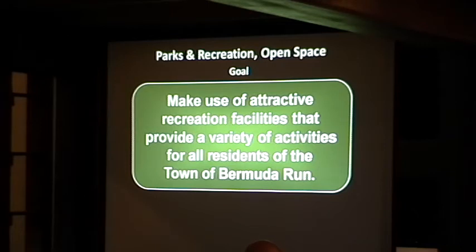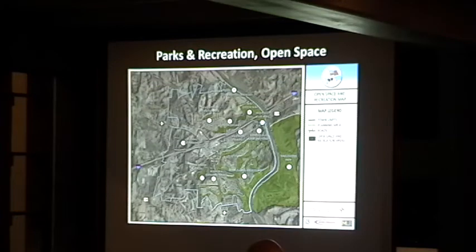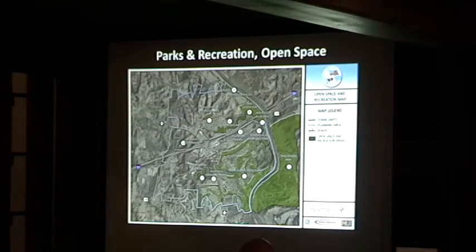And the final goal, which is the Parks and Recreation goal, is to make use of attractive recreation facilities that provide a variety of activities for all residents of the town of Bermuda Run. And this is in sort of a three-step approach to Parks and Recreation for Bermuda Run. This is the Parks and Recreation map. Anything there in green is the open space and recreation area.